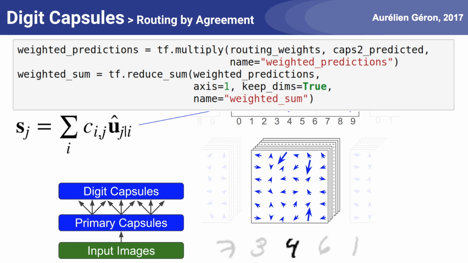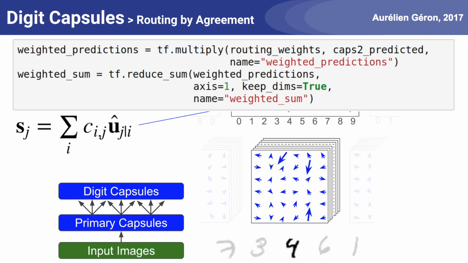This is an element-wise multiplication, not a matrix multiplication. Then just compute the sum over the primary capsule dimension. And the 2 dimensions we added earlier for the routing weights are useful in the multiplication step so that the 2 arrays have the same number of dimensions, the same rank. They don't have the exact same shape, but they have compatible shapes, so TensorFlow will perform broadcasting.